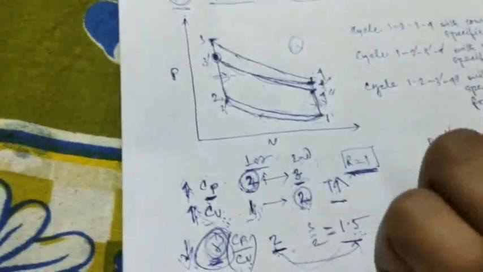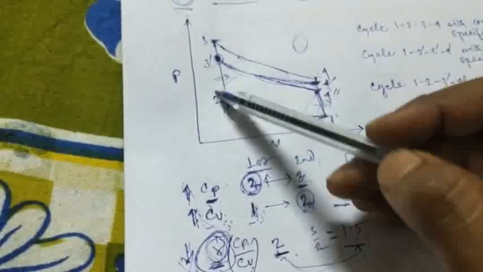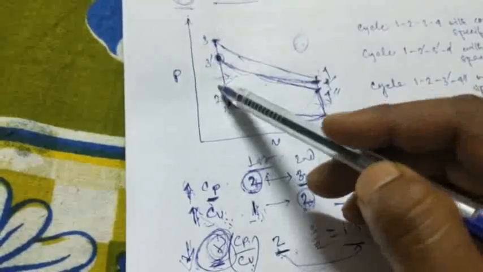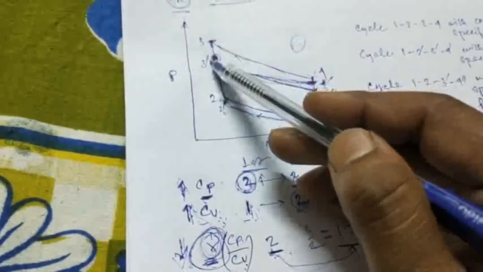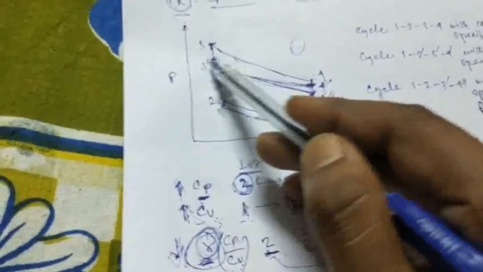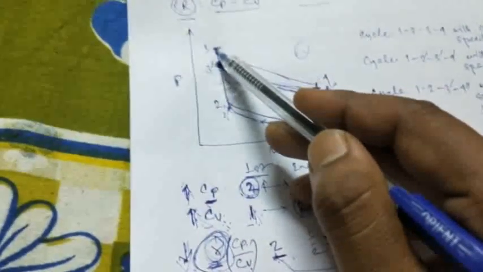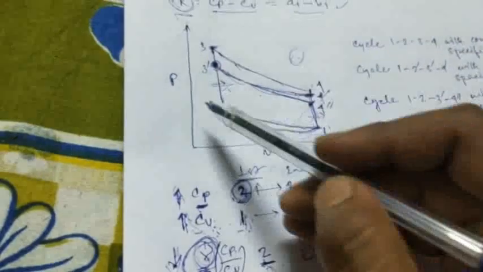That means much more heat is required for this improvement. So for the same heat input, there will be a smaller amount of temperature and pressure generation. So instead of 3, it will reach up to 3 dash.